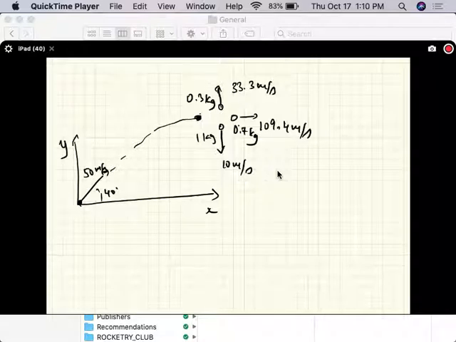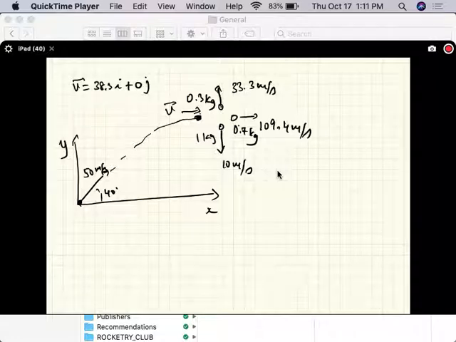Okay, and I'll write this velocity. That velocity is 38.3 i plus 0j.